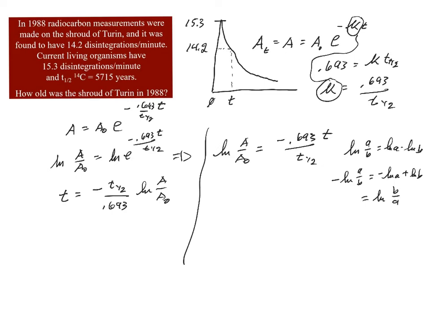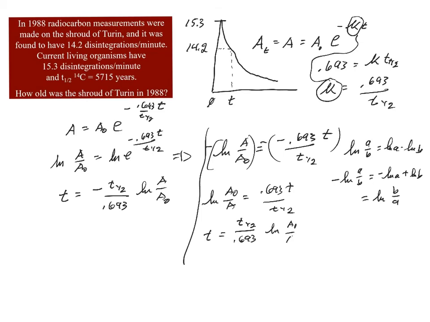So if I multiplied both sides by minus 1, I get ln of A naught over A equals 0.693 t over t1/2. So t is equal to t1/2 over 0.693, the ln of A naught over A.